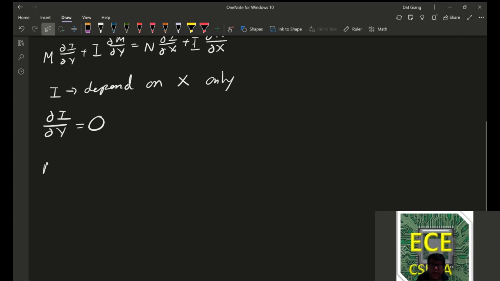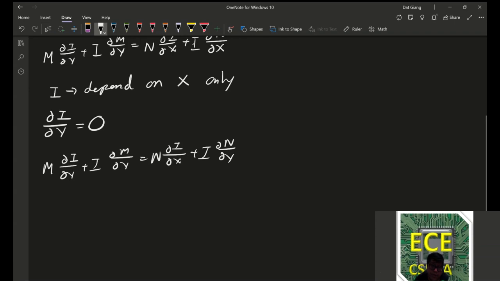This means that we have M partial I partial y plus I partial M partial y equal to N partial I partial x plus I partial N partial y. Now, in this situation, this term goes away, gets completely cut out.